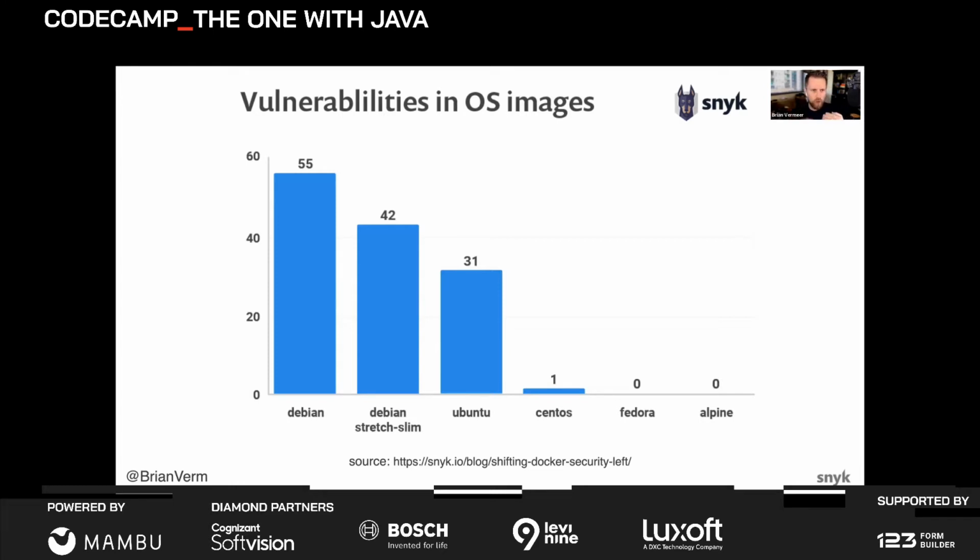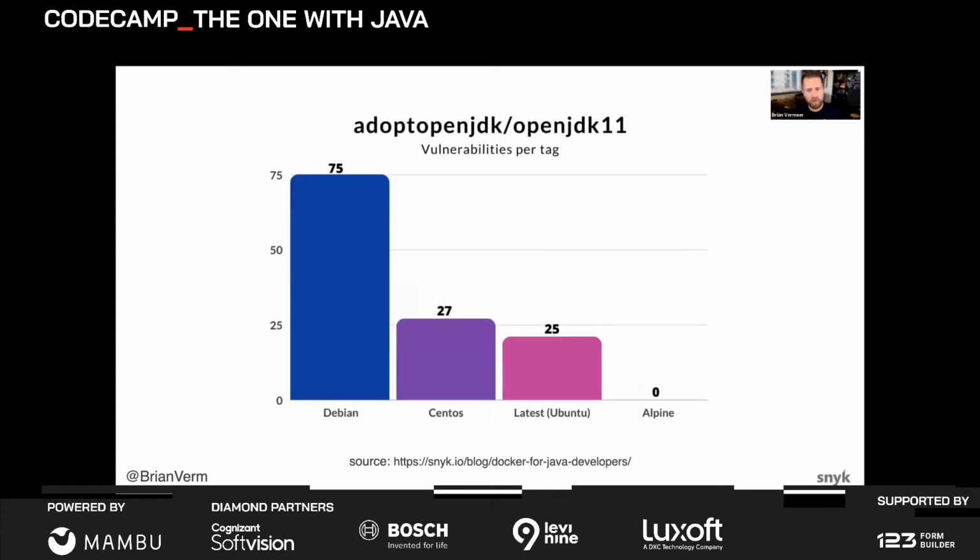Let's go into one of the more known images for Java, which in this case was from Adopt OpenJDK. I used the Adopt OpenJDK 11 image. And if I do the default, then I will get the Ubuntu one. So that's the one with 25 vulnerabilities. And that's already okay, because, hey, if I use the Debian one, I have 75.